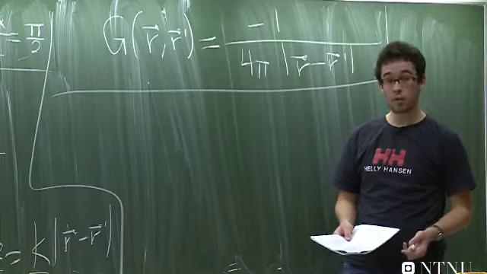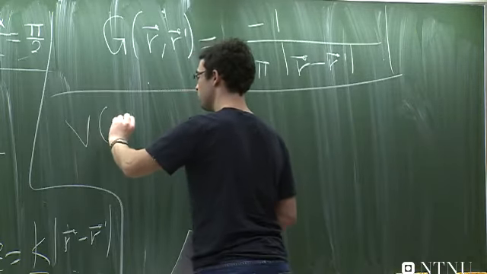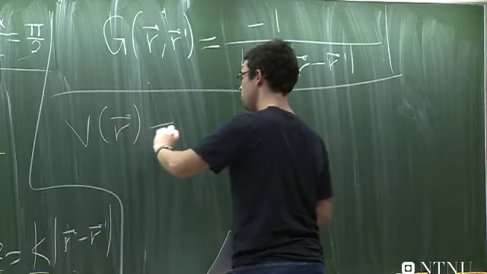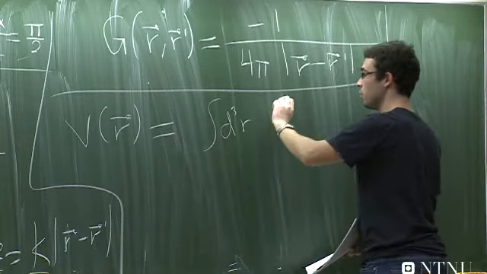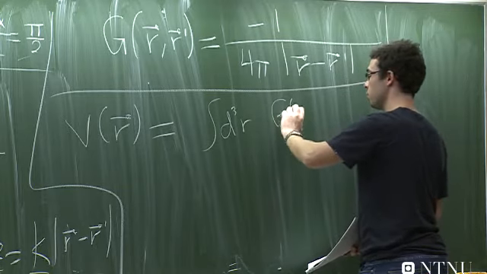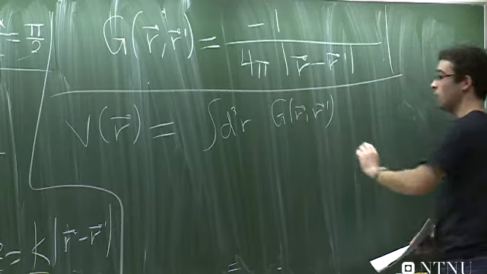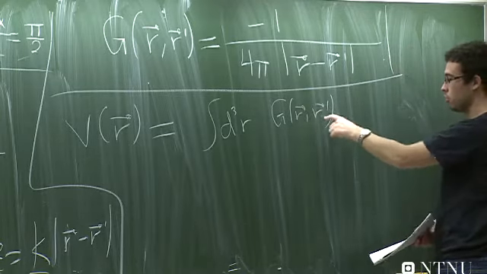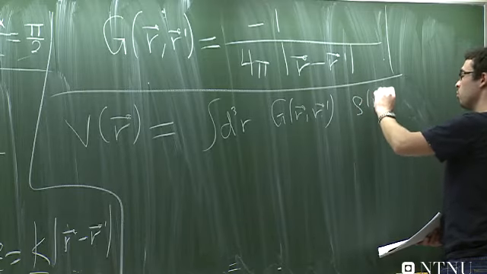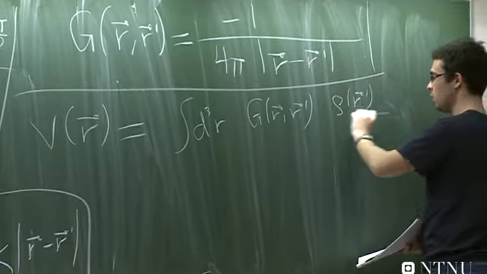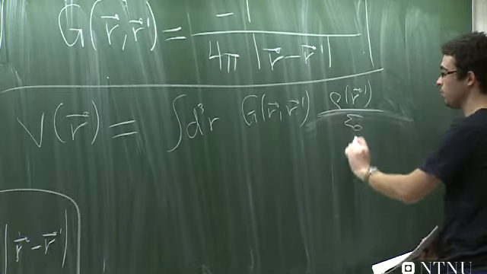And now we can just write down the solution to the Poisson equation. Well, it's simply the integral over d3r prime, the Green's function, and then the source as a function of r prime, so it's rho of r prime divided by epsilon naught.